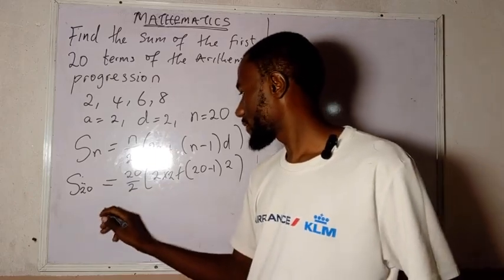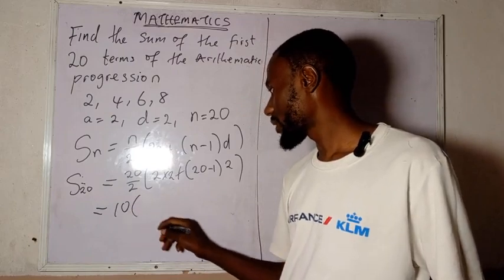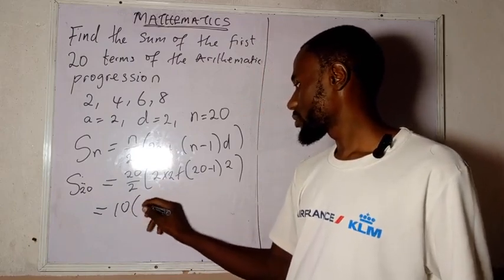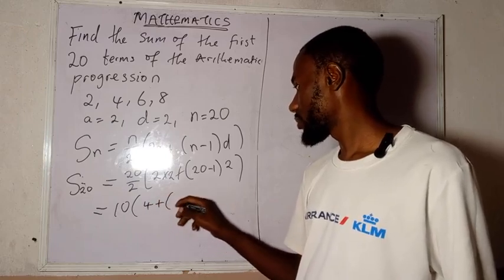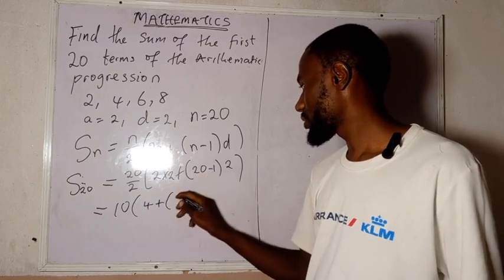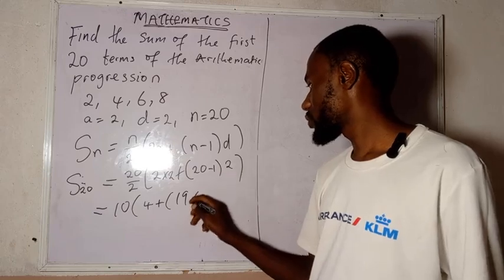Then this is equal to 10 open bracket 2 times 2, which is 4, plus open bracket 20 minus 1, which is 19, times 2.